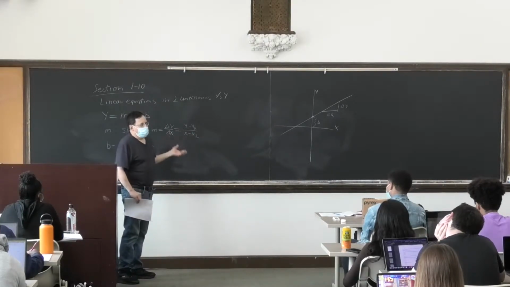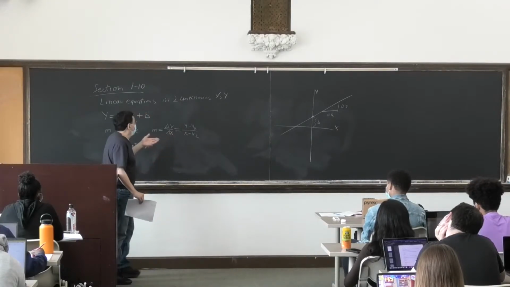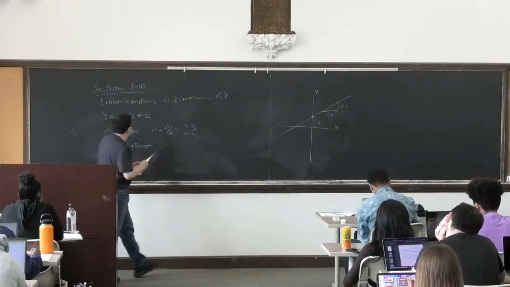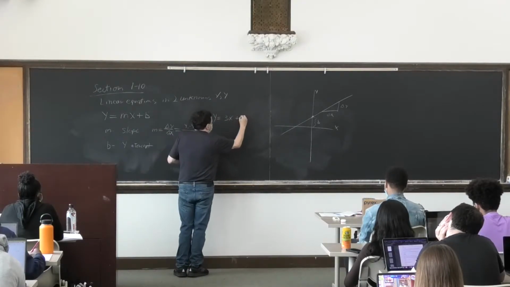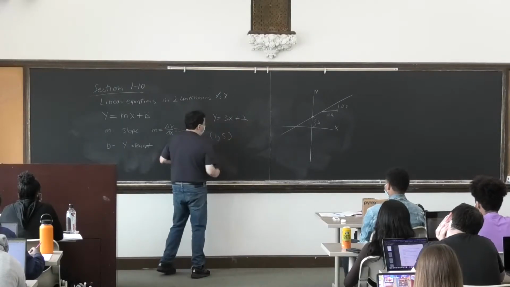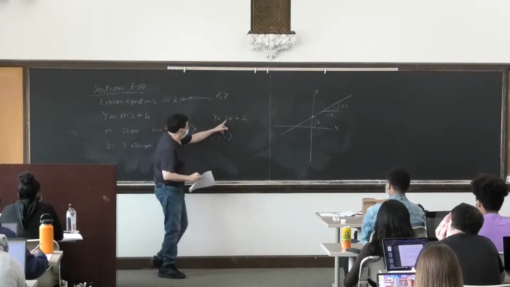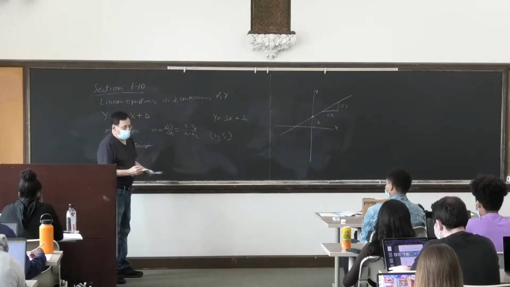You should be able to answer questions like, is this point on the line? Well, if I give you y equals 3x plus 2, and I say, is 1 comma 5 on the line, you can go, well, all right, 1 times 3 plus 2 is 5, yeah. Or not, it's not.